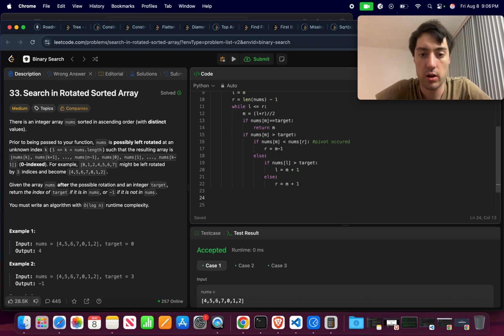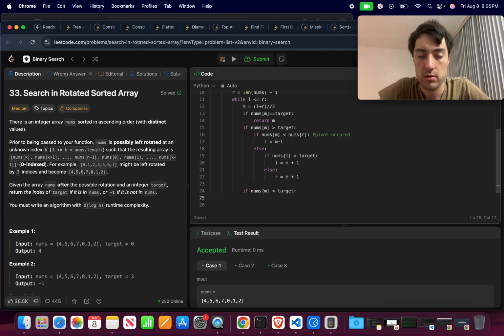So now I want to come in here and say if nums of m is less than target. Okay, so if it's less than target, what do I want to do in this situation? So let's say the middle point is too small now.